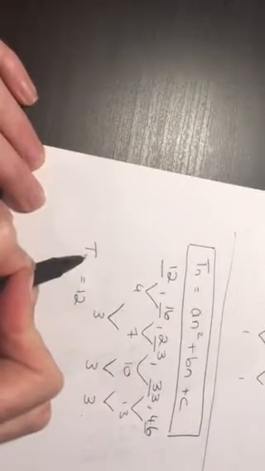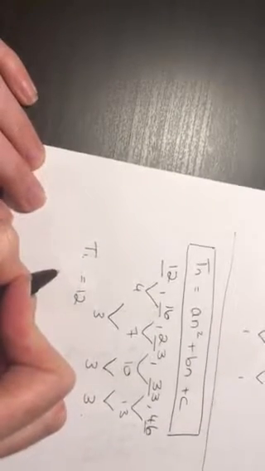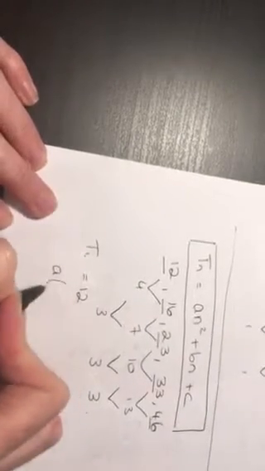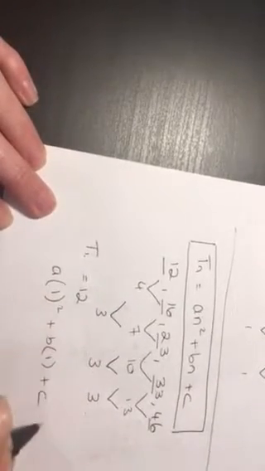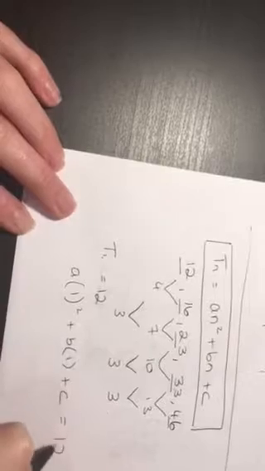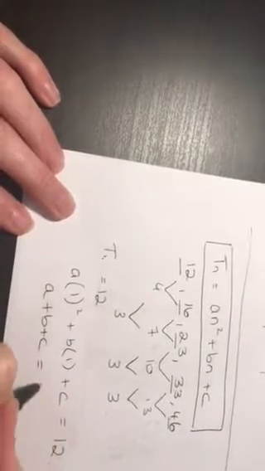So anywhere I have an n, I can put in a 1 and let it equal 12. That's a times 1 squared plus b times 1 plus c is equal to 12. Clean that up: a plus b plus c is equal to 12. That's that done.